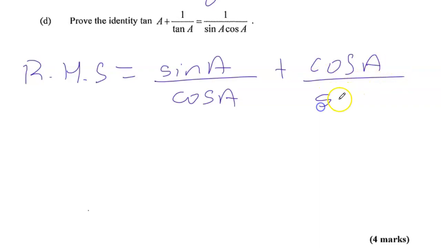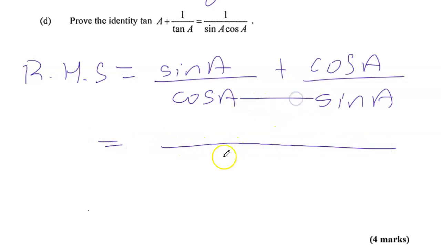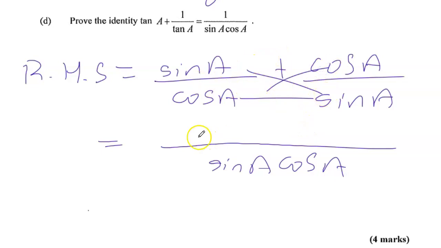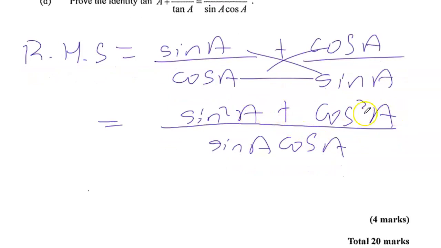over sine A. So we can put the numerators together, the denominators together. So that's sine A times cos A. And then to get the numerator, we can just cross multiply. So that's sine square A, sine A times sine A, plus cos A times cos A, that's cos square A. Now the Pythagorean identity says that sine square plus cos square is 1.